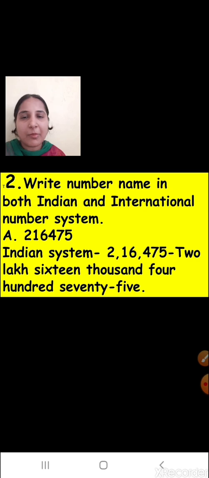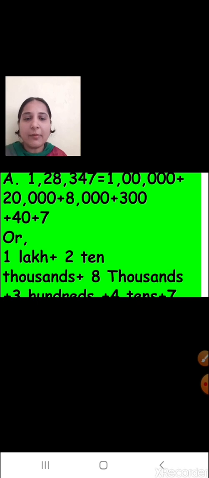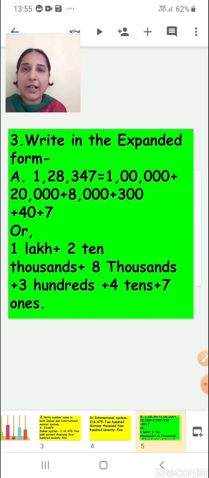And now the same number you have to write in the international number system. So how will you put the comma? You will put the comma according to the international system of numeration. So the number name would be 216,475.